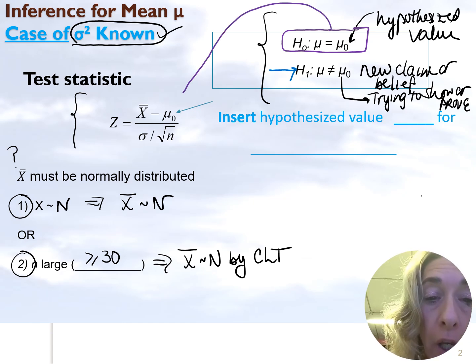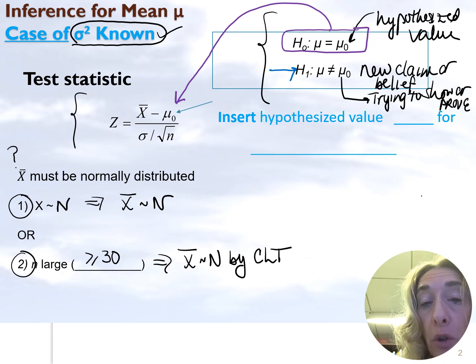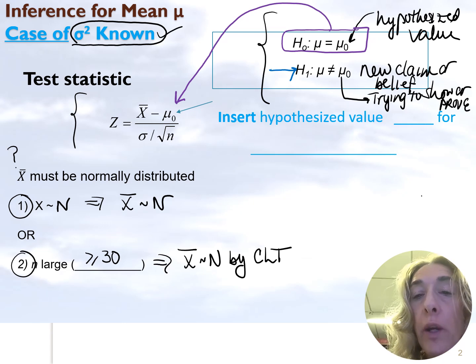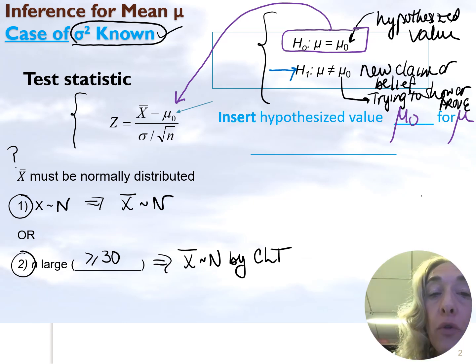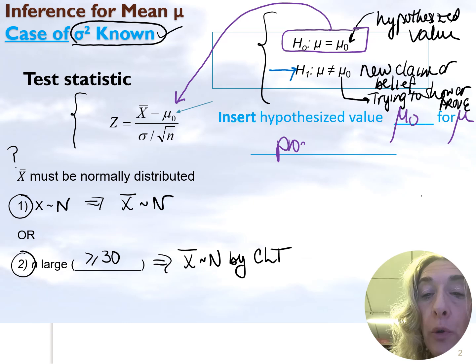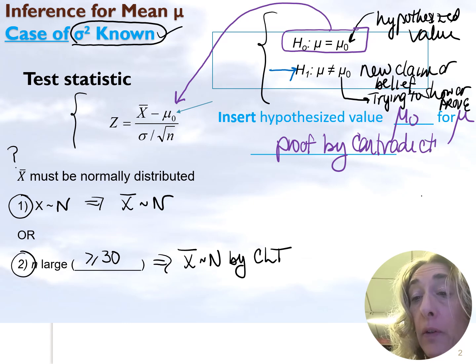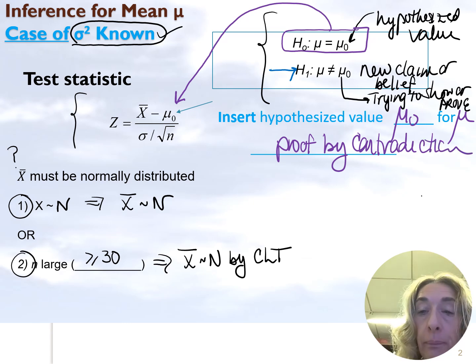That's why mu naught gets inserted for mu in that test statistic. With a hypothesis test, we insert the hypothesized value mu naught for mu into your z random variable in order to do a proof by contradiction, which is how a hypothesis test proceeds.